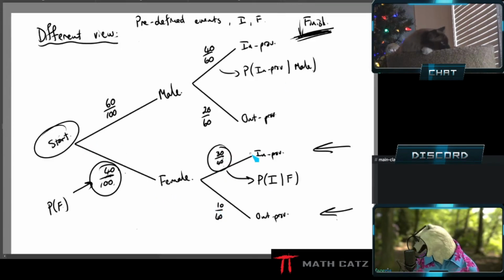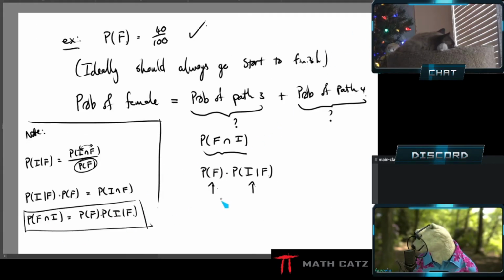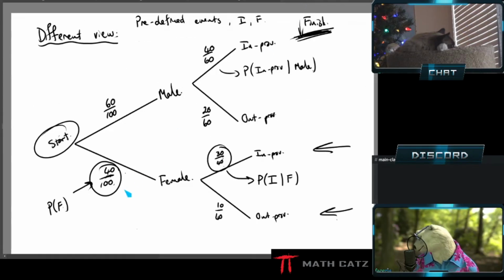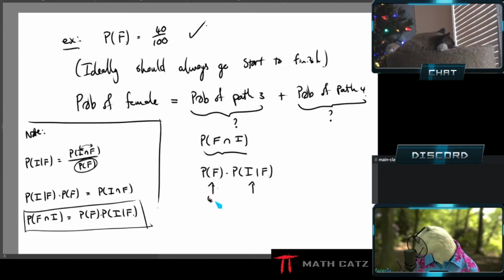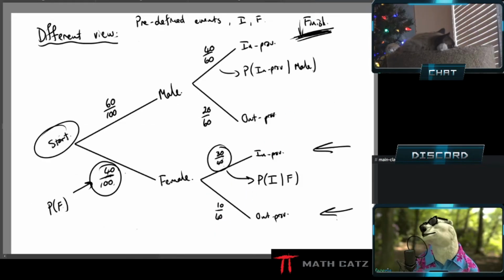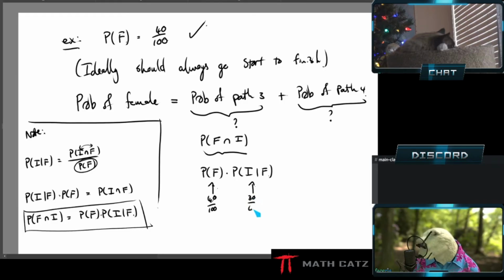Because the way I set up the tree, the later branches already contained conditional probabilities. So doing this alternative form of the formula, what was this? 40 over 100, and this other one was 30 over 40. Now it simplifies in this case because it's a simple question to begin with.